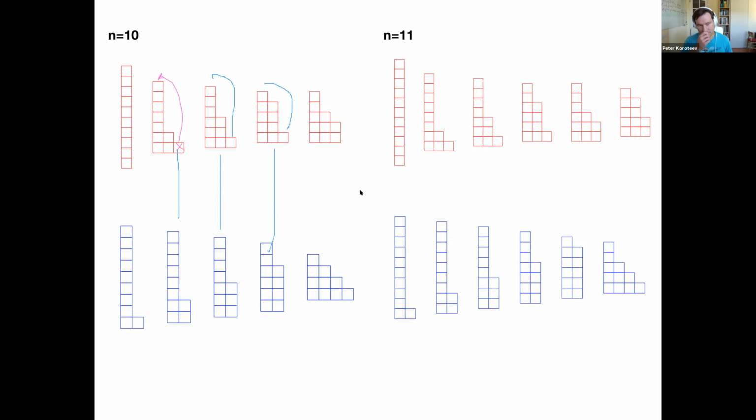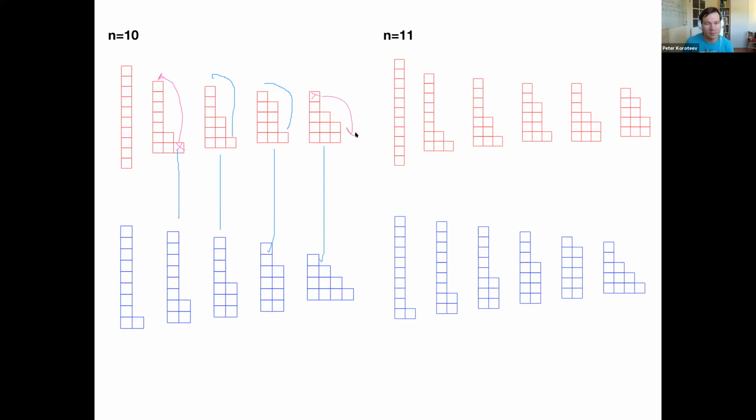What should you do? For the last one, I think you take the one on the very top, and then you bring that over to the bottom right.